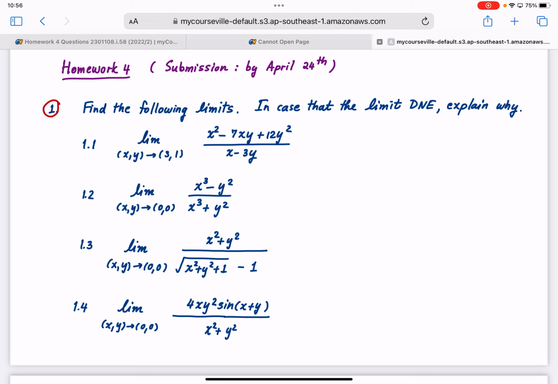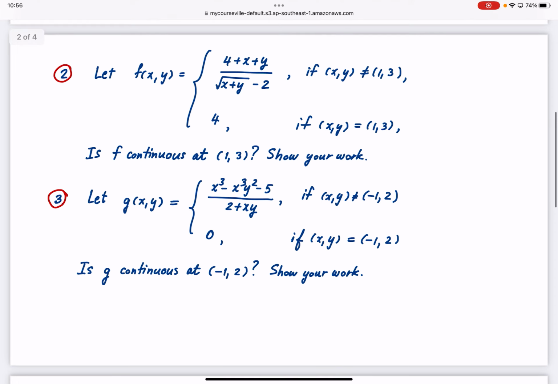So this is a question that mixes them in one question. Question 1 asks you about limit here, and questions 2 and 3 are about continuity. If you know how to compute limits now, you can check continuity at the point. So questions 1, 2, 3 are different, and they are similar to the ones that we did in the lecture about limits and continuity.